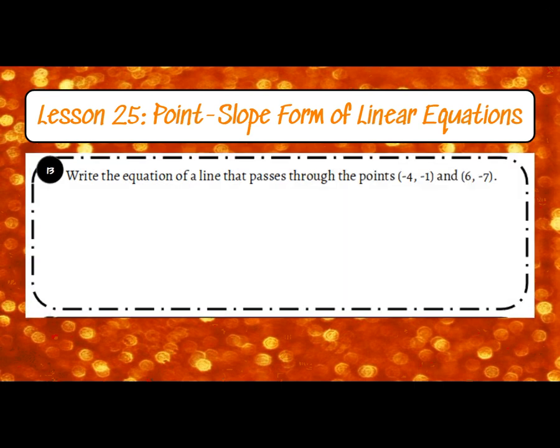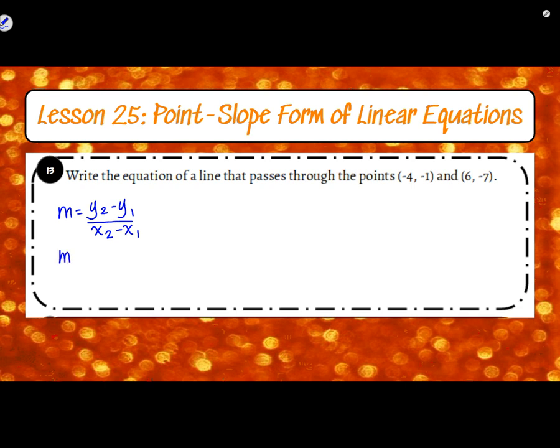All right, so this one, they give you 2 points. And this is what I was hinting at earlier on. If they give you 2 points and they don't give you slope, you have to find slope. Remember, we did this in lesson 21, figuring out what the slope is. Once you have slope, you can use one of those 2 points to write an equation.